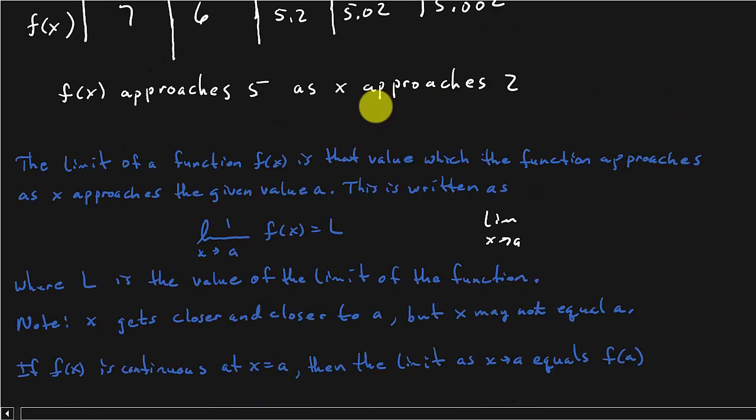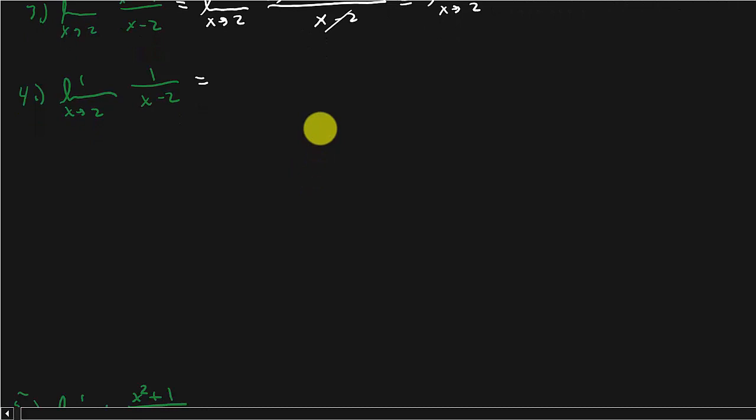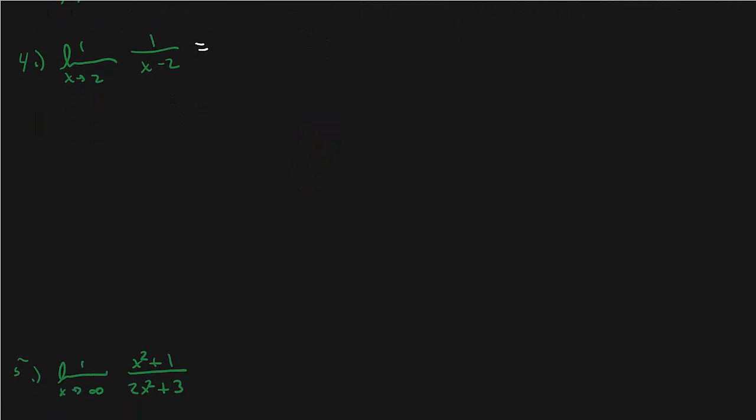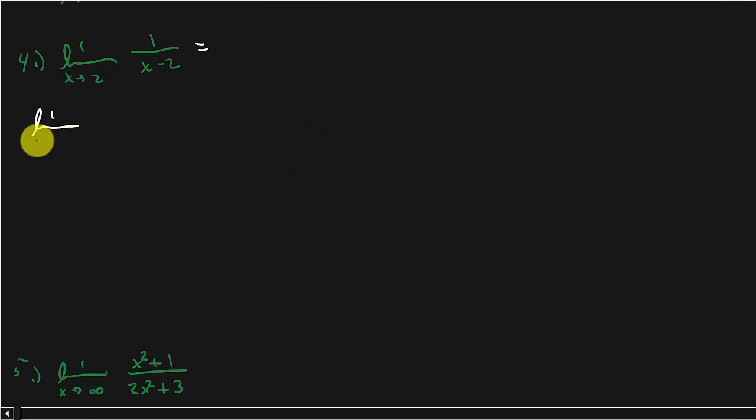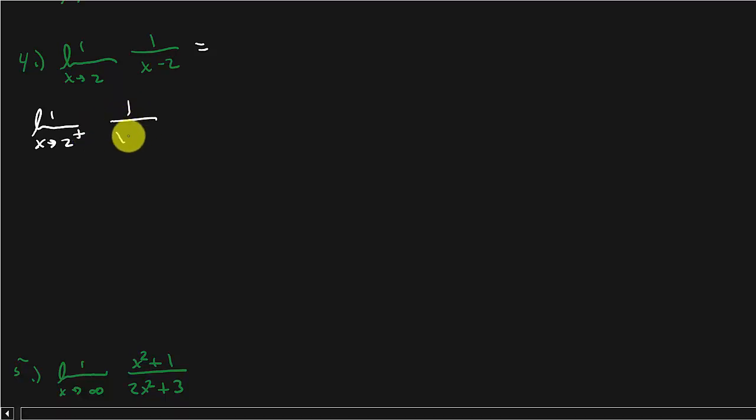So let's go with that on this problem. Let's find the limit as x approaches 2, and I'm putting a little plus sign there. I'm approaching 2 from the right-hand side. The limit as x approaches 2 from the right-hand side of 1 over x minus 2.